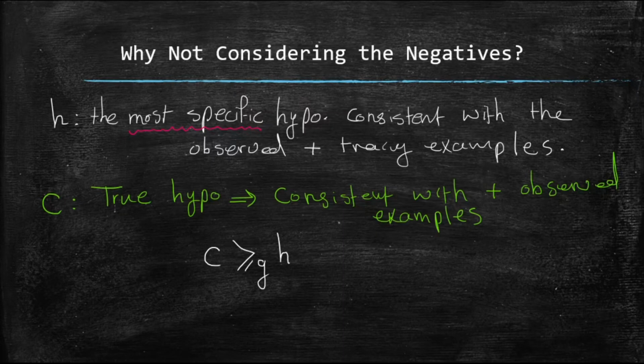But remember that the target concept C, because it is perfect, because it fits our training examples perfectly, is consistent with our negative examples as well. So what it doesn't do, it never covers the negative examples.